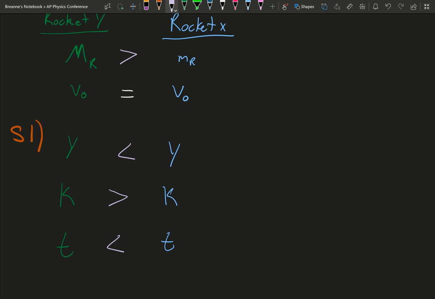So if we look at the height, the equation that we're going to look at is y equals y naught plus v y naught t plus 1/2 a y t squared.